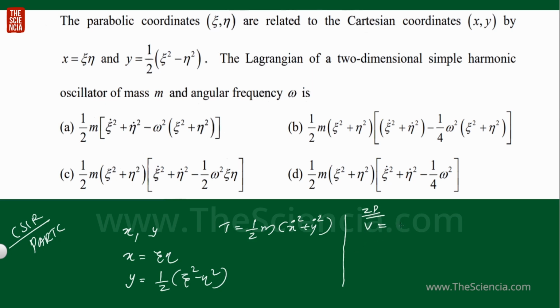You know it is equal to half k (x square plus y square). Here we have to find out the Lagrangian in terms of omega, because options are in terms of omega. So what is the relation between k and omega? We know k is equal to m omega square. So the potential is half m omega square (x square plus y square).